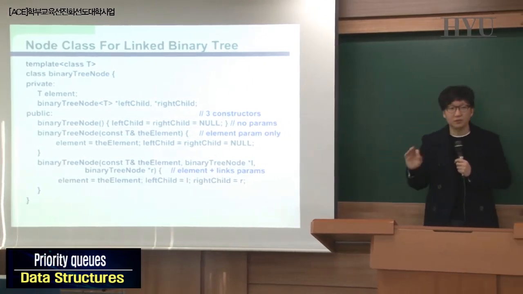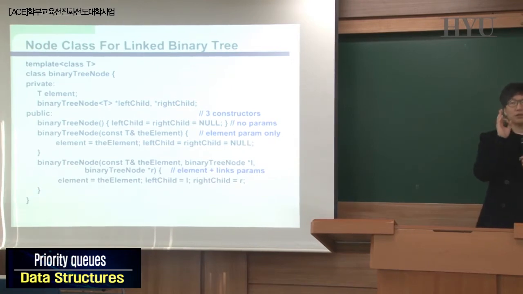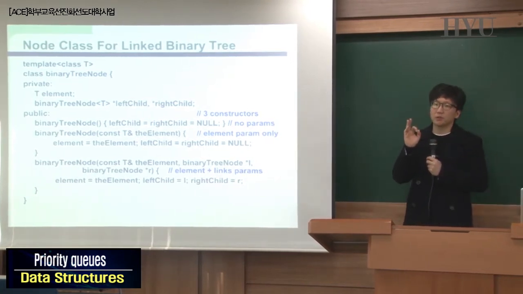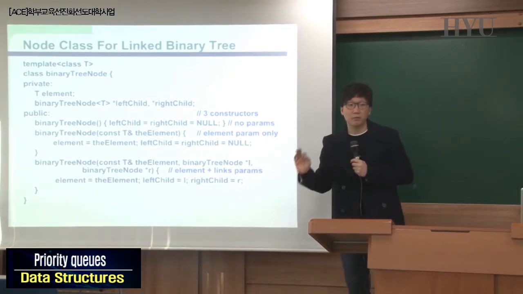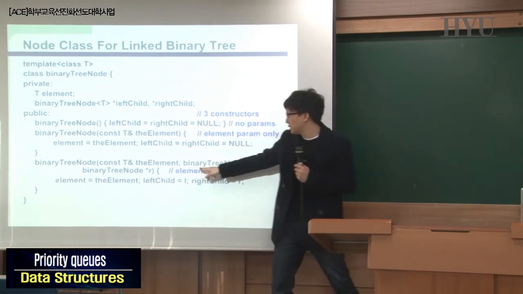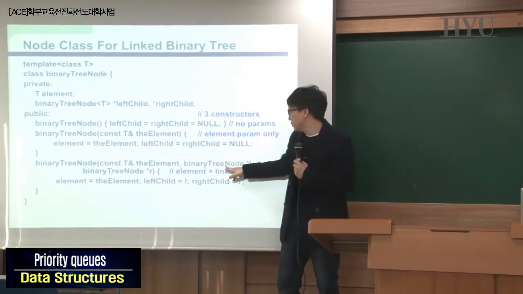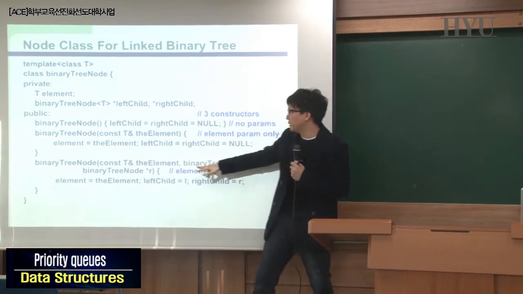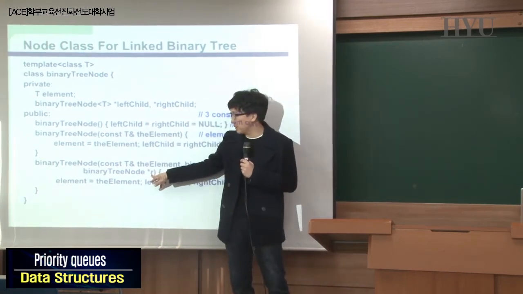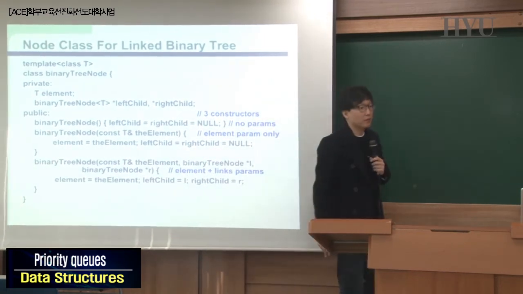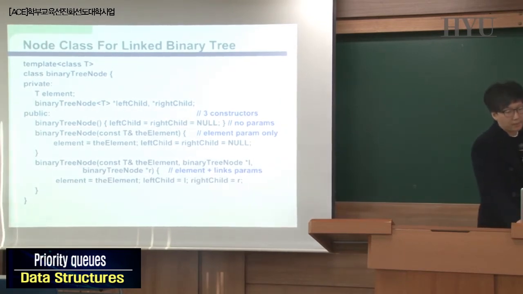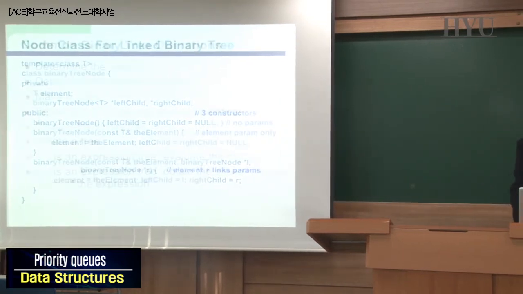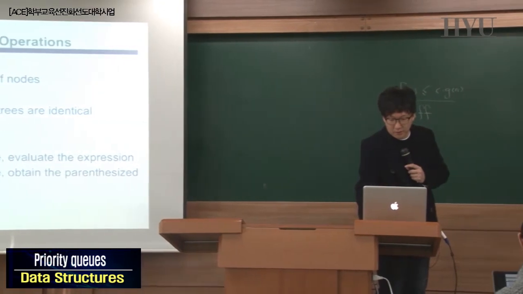And the third one, you declare its value, and you also declare what is going to be the left and what is going to be the right: element value, binary tree node left, binary tree node right. So, 3 different definitions that you can use in terms of class. Okay, I'm going to skip.